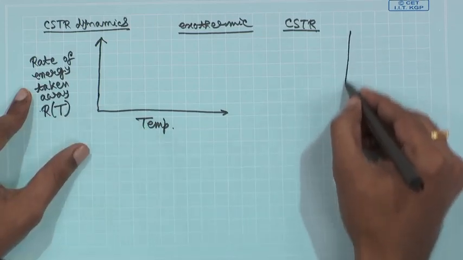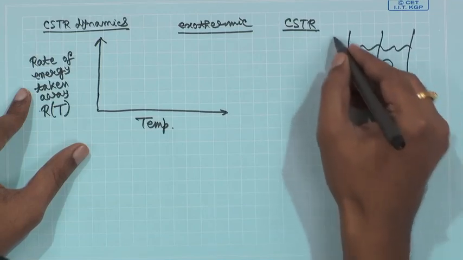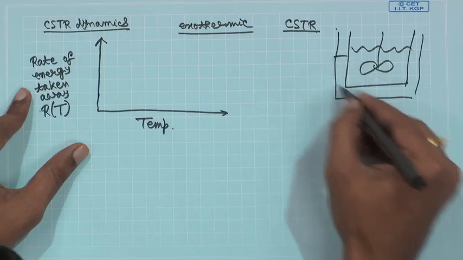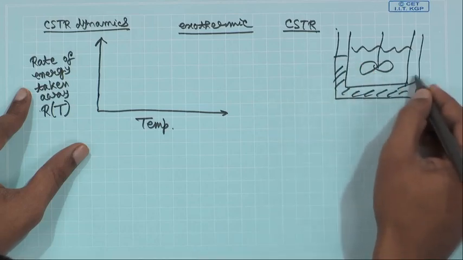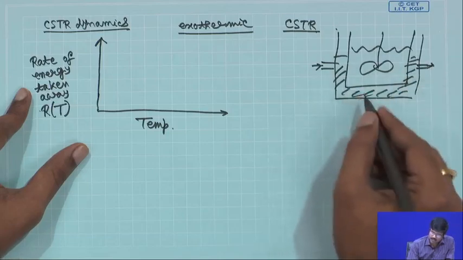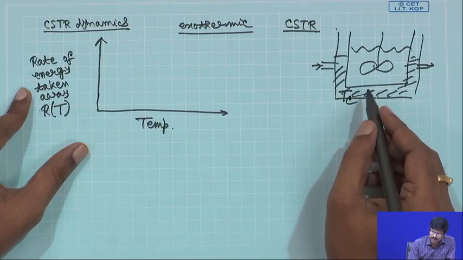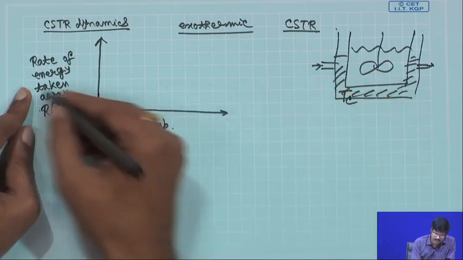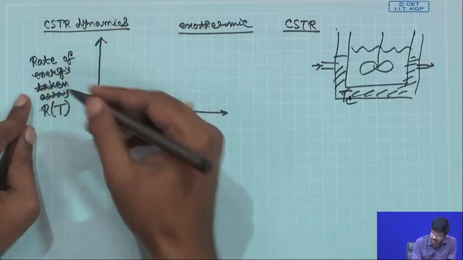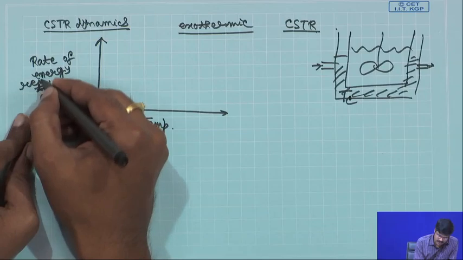So, basically you have a CSTR, you are doing the reaction here and you may have a jacket around it where you have a coolant liquid. This liquid is going in and then it is also going out, and it is at a particular temperature, say TC, and so this is the rate of energy or rate of heat removed.